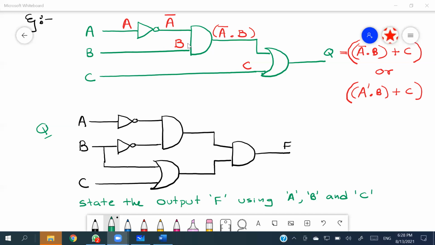Yes, your answer is correct. It's better you indicate the operator in between the brackets, right?